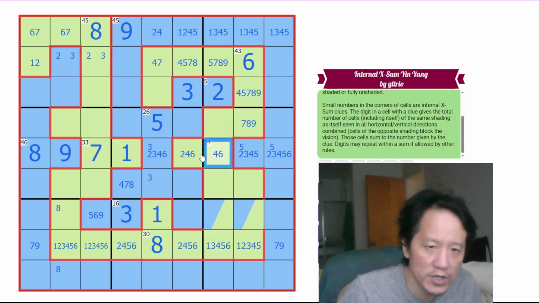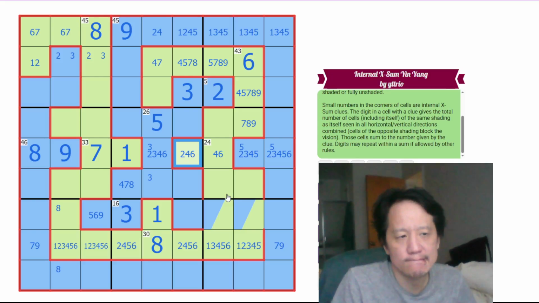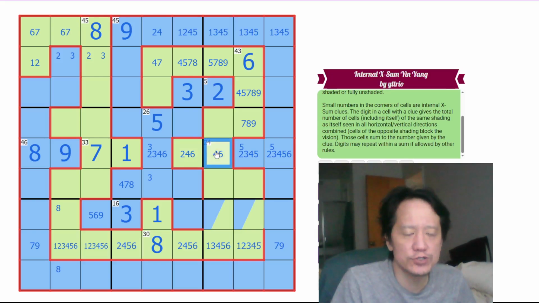If this is 4, can this ever be 2? I don't think so, right? If this is 4 and 2, that means these two add up to 6. 24 minus 6 is 18, and these two digits would have to add up to 18, which is impossible. So this cannot be 4 and 2.